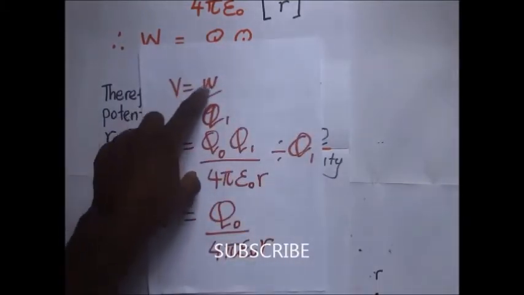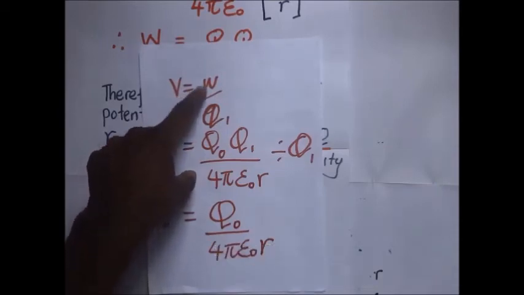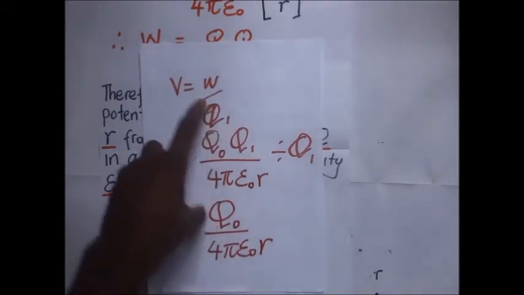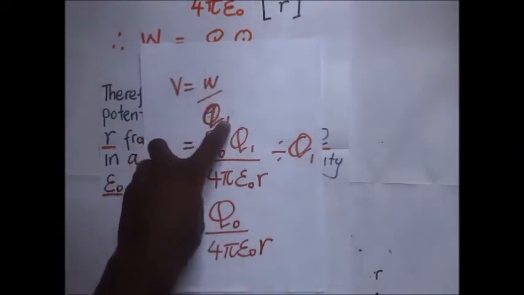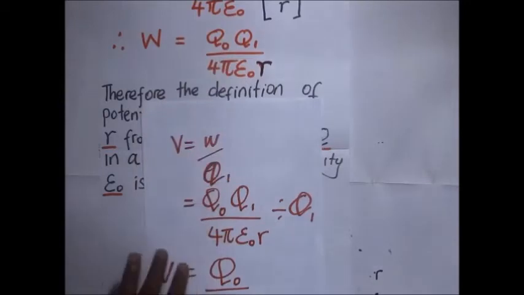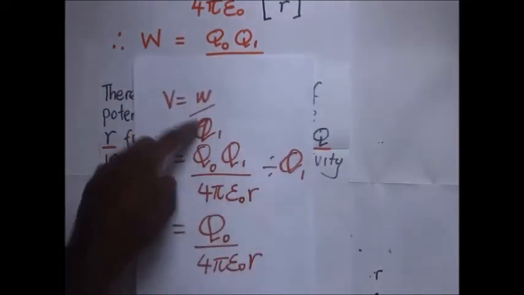Our V is our potential. Remember from our previous explanation, it is going to be the work per unit charge. In this case, we are looking at charge Q1. So it's going to be work divided by Q1. But what is work? Work is what we had here. So work is Q naught times Q1 over 4 pi epsilon naught R, divided by Q1.